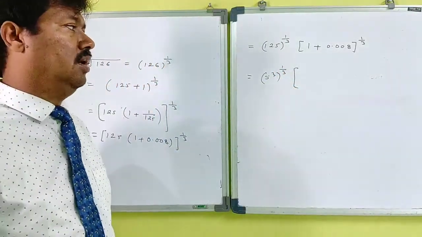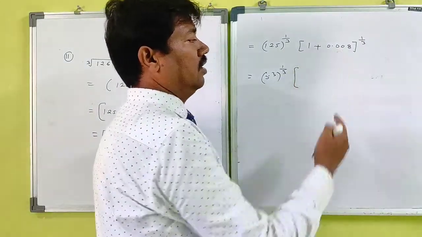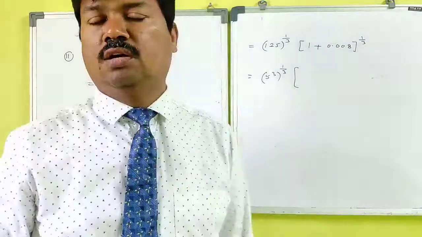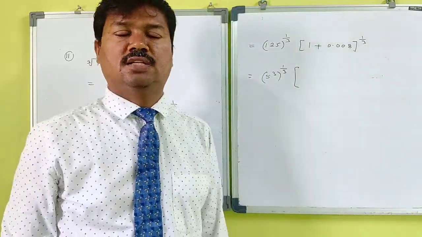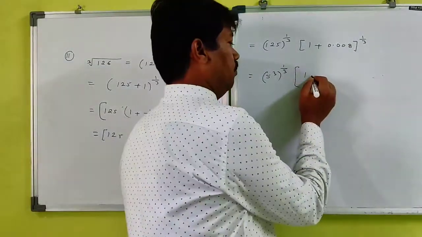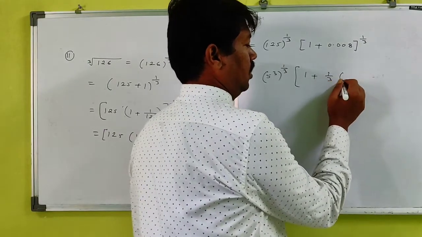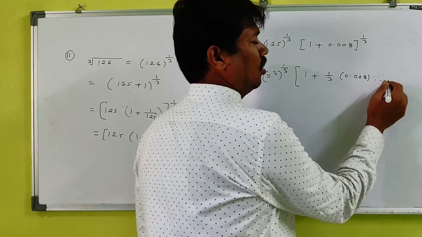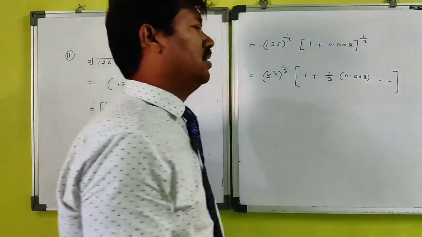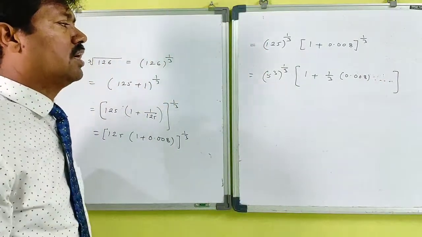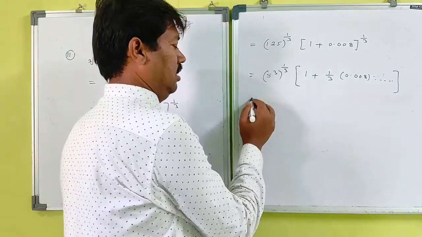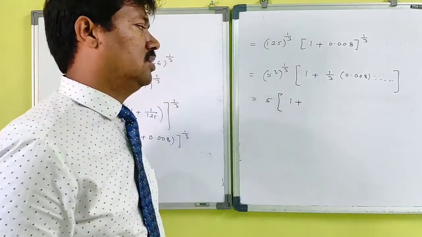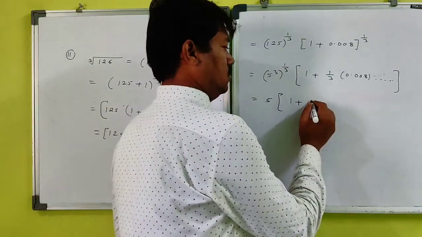Then, to get up to 4 decimals, I think 2 terms are enough, because it is already up to 3 places, 0.008. So it is 1 plus 1 upon 3 times 0.008, and there is no need to calculate further because it is only up to 4 places of decimal.